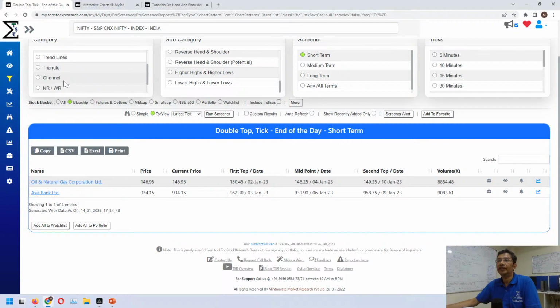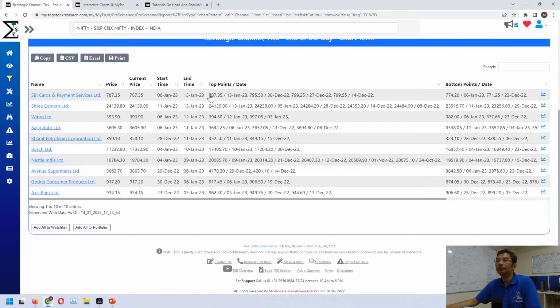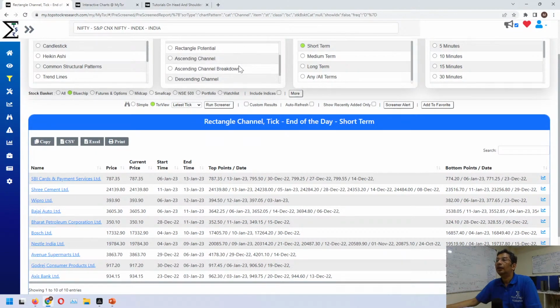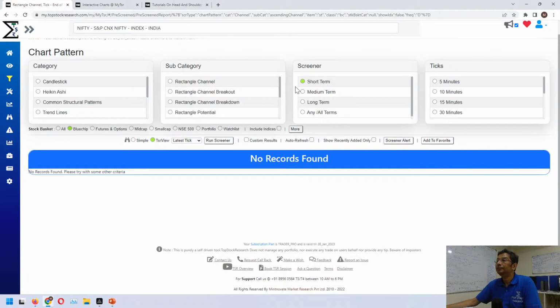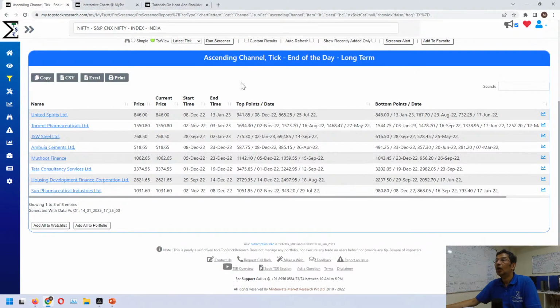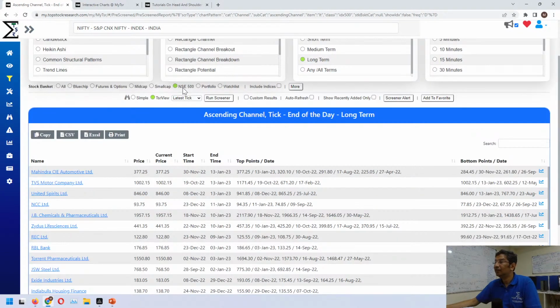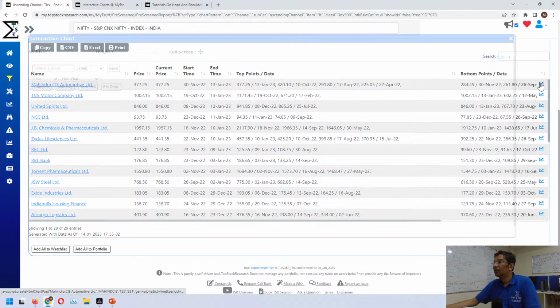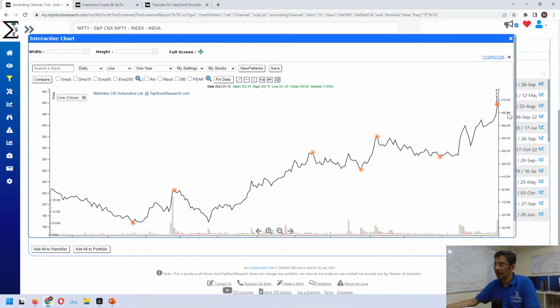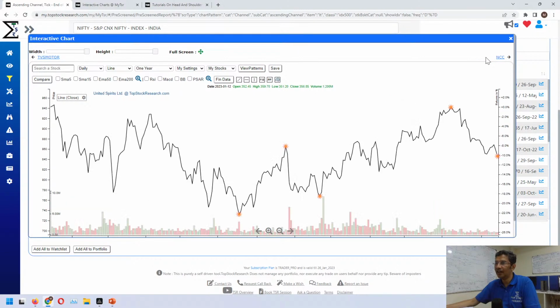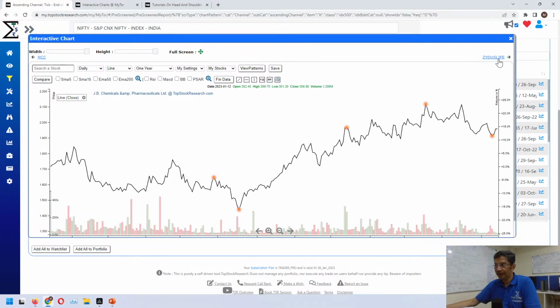Sorry, channel is here. We have done some ascending channel on a long term on NSE 500. Let's see if we get something, right? So you'll see that rising channel, right? This is uptrend. Another example of looking at an uptrend, right? Second example.